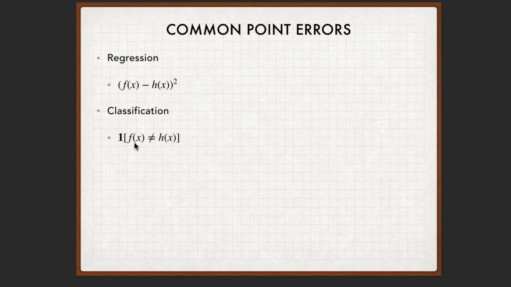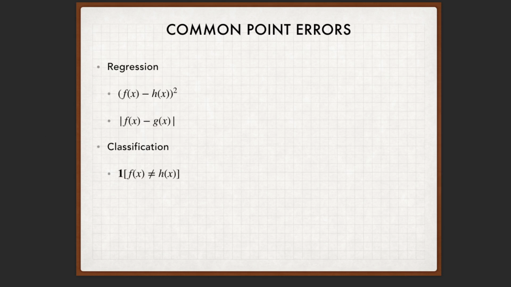So therefore, when the prediction of our hypothesis is not the same as the target class at the input x, we will count that as one error. Otherwise, this is error free when the two classes are the same.